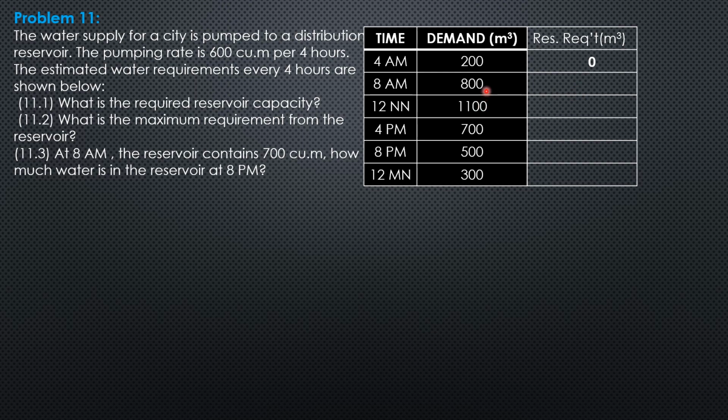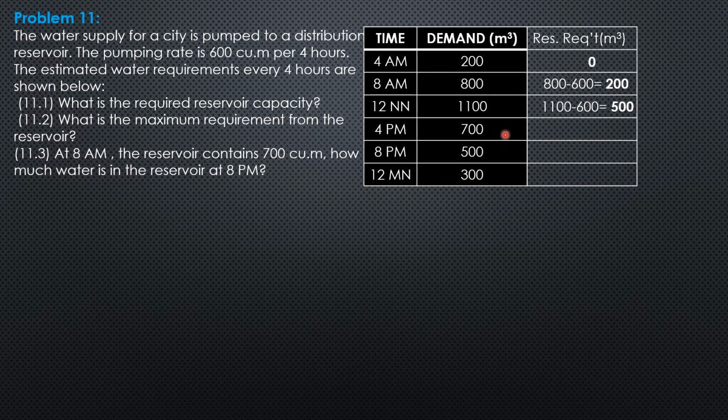Then at 8 a.m., the pumping rate is only 600, so there's a reservoir requirement, which is the difference between the demand and the pumping rate. 800 minus 600, so 200 cubic meters reservoir requirement. At 12 noon, another reservoir requirement, 1,100 minus pumping rate 600, so 500 cubic meters are required from the reservoir.